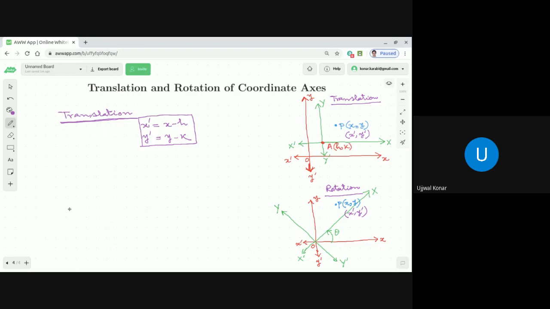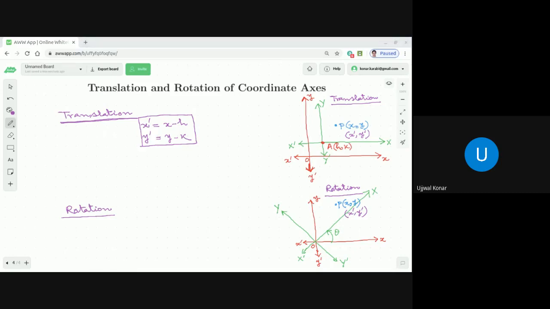Now, what about rotation? How can we find the values of x dash and y dash in terms of x, y, and theta? That we are going to discuss, dear students.